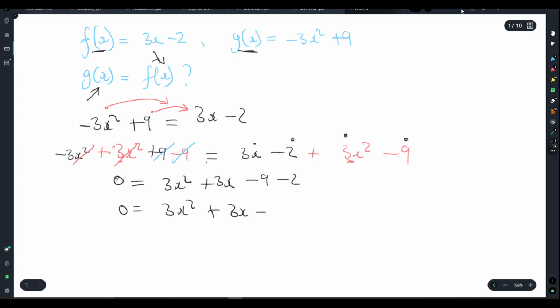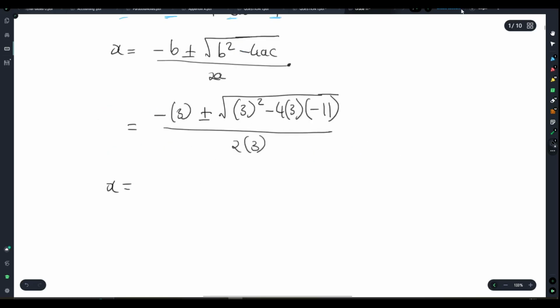When you punch this in the calculator, you're going to end up with x is equal to 1.48 and x is equal to minus 2.48.